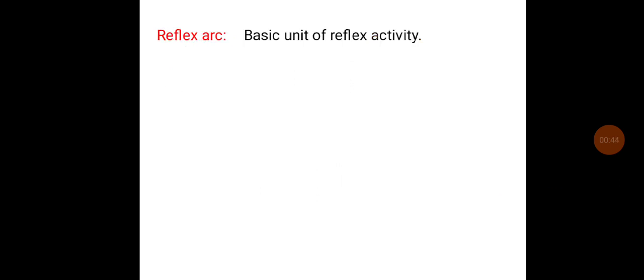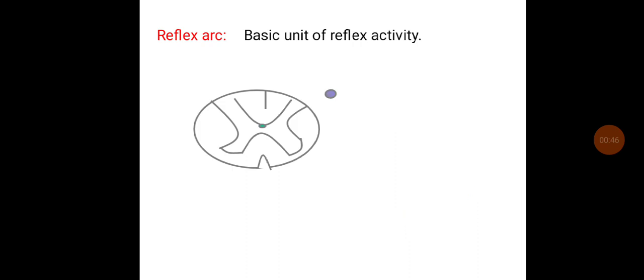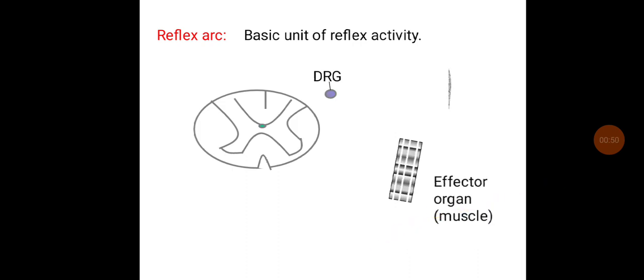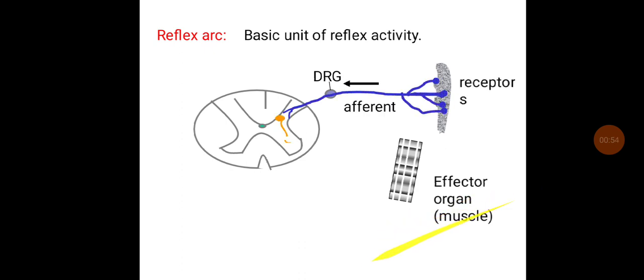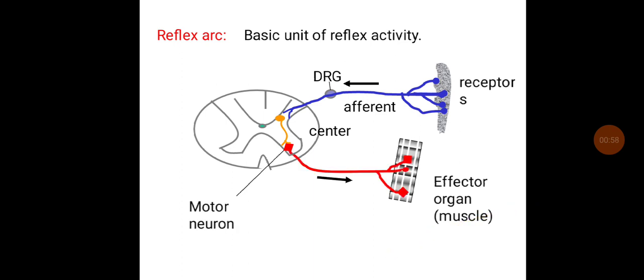So the reflex arc is the basic unit of reflex activity. It consists of receptors, afferent neuron, dorsal root ganglion, anterior motor neuron, then efferents, and at the end the effector organ, that is muscle.